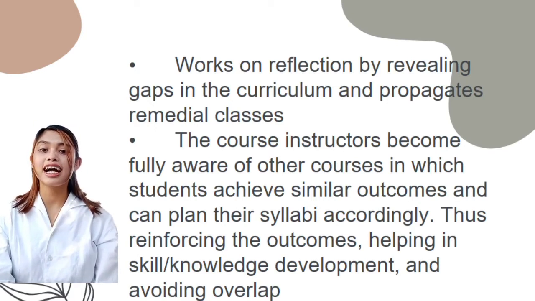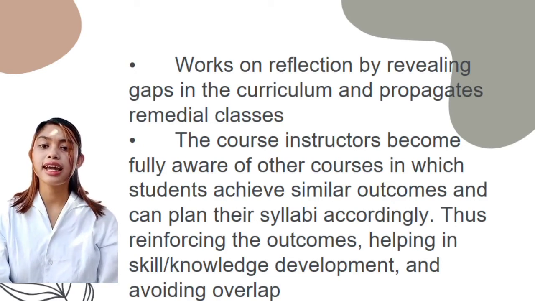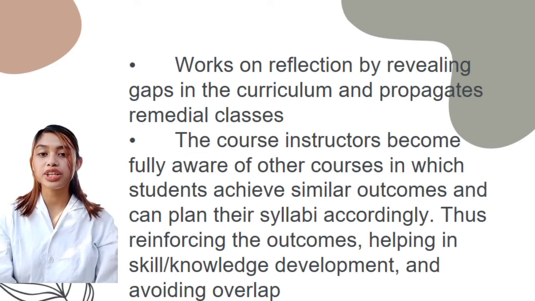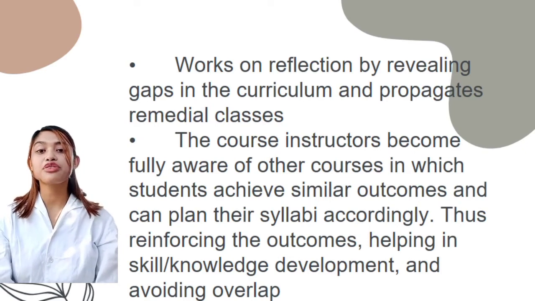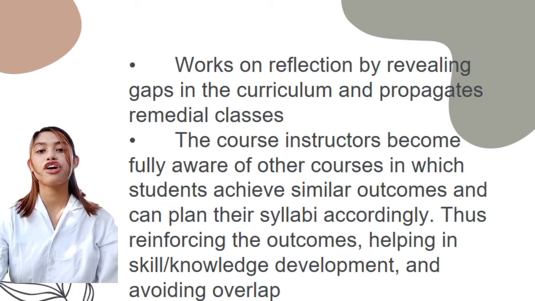So the fourth one is the course instructors become fully aware of the other courses in which students achieve similar outcomes and can plan their syllabi accordingly, thus reinforcing the outcomes, helping in skill or knowledge development, and avoiding overlap.